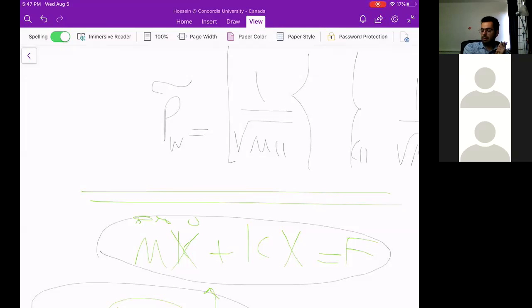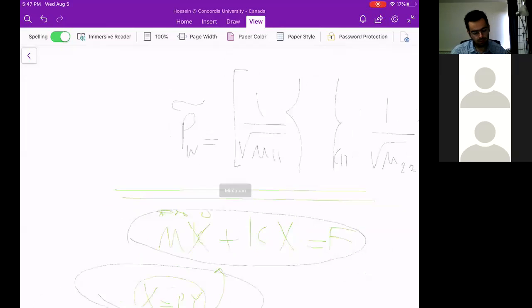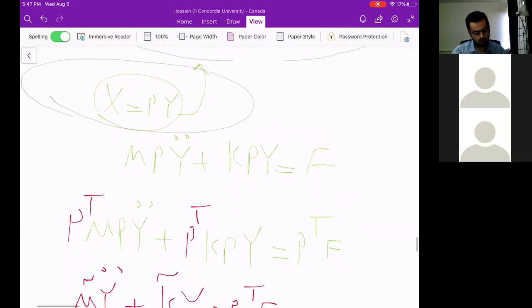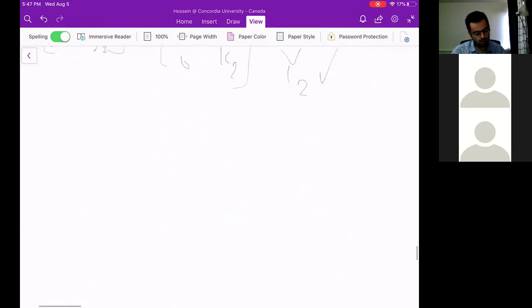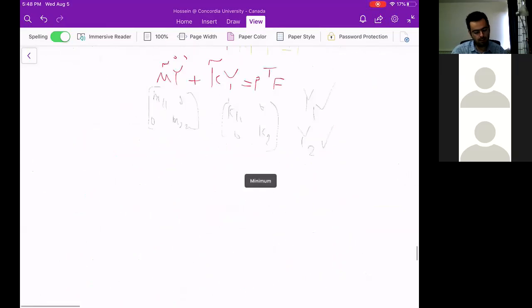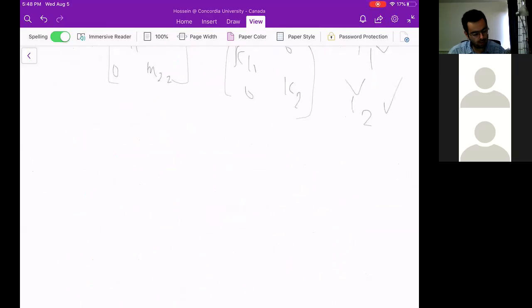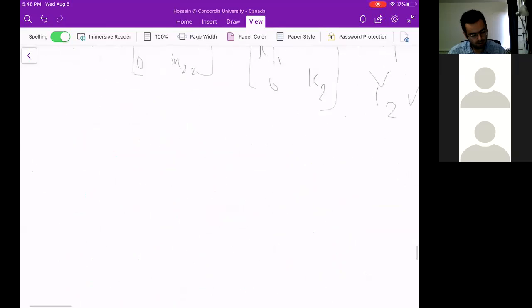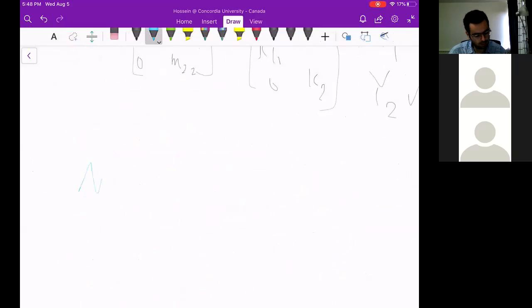Also, the second part of the question says to show that P or P hat, the weighted modal matrix, will diagonalize the stiffness matrix, which we show like this. Once you construct the equation of motion, you have M and K from it.